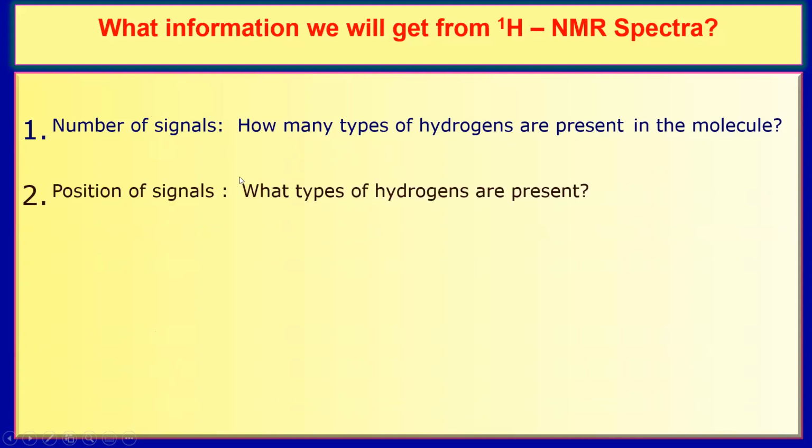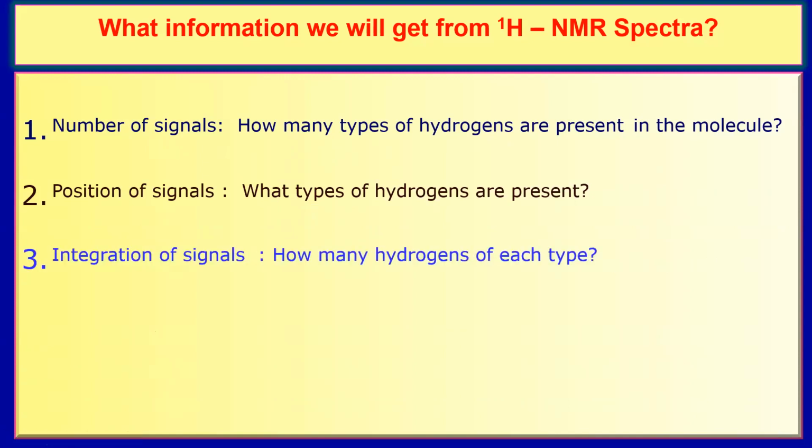Then the position of signals, it indicates the types of hydrogens, or you can say, the nature of hydrogens present. Then you will also look for the area under each peak, also called the integration of signals. That will give you information about the number of hydrogens present in each type.